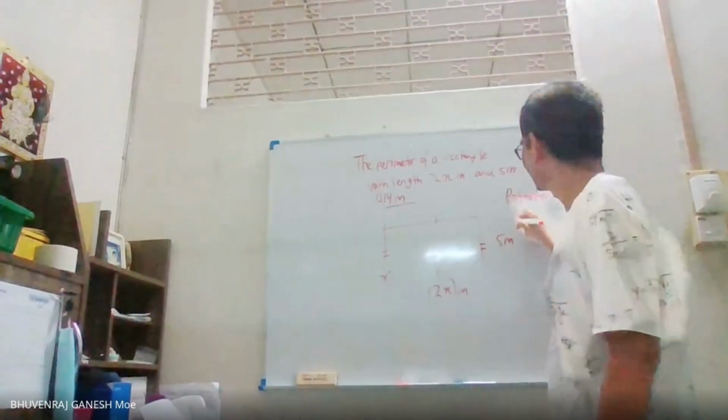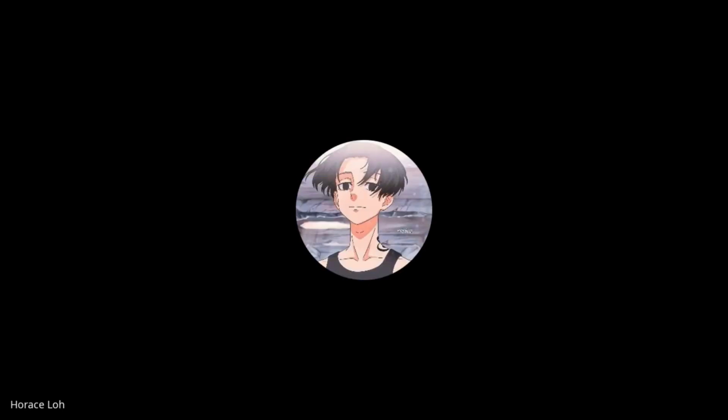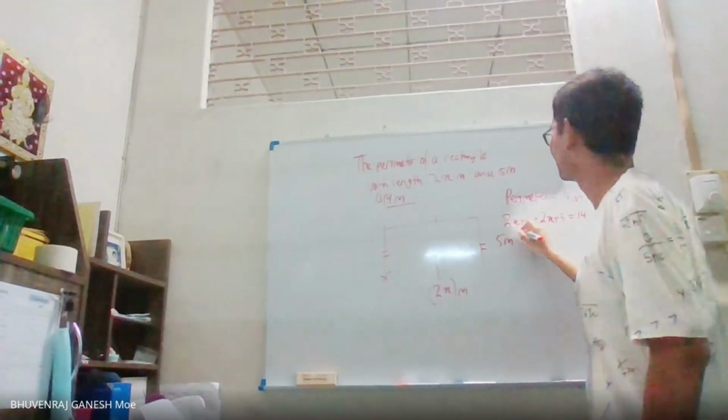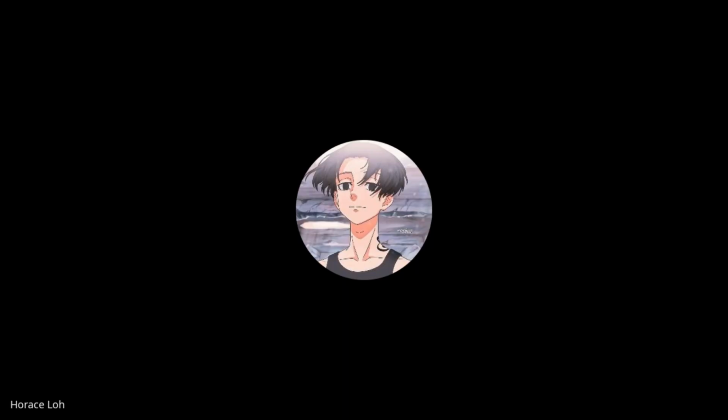So what do you get? 5 plus 5 plus 2x plus 2x. So 2x plus 2x gives 4x. Then 5 plus 5 is 10, equals 14. This is your linear equation: 4x plus 10 equals 14. So that's how you form it.